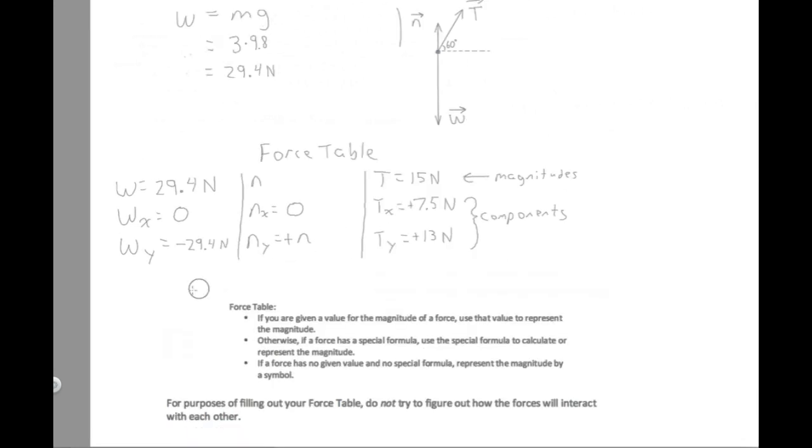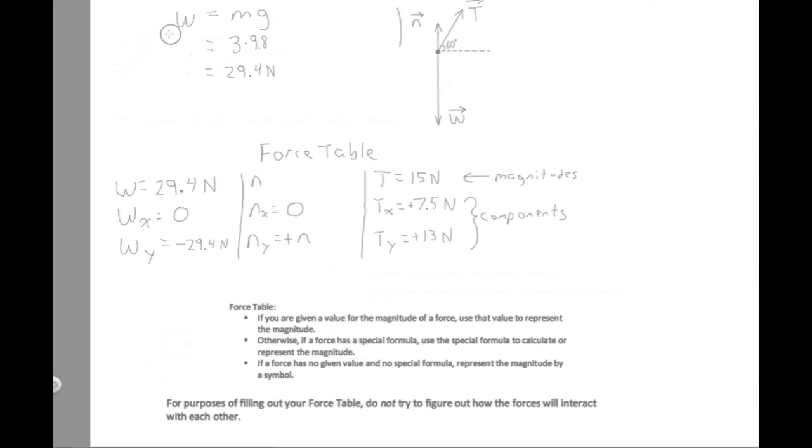So here's a summary of how to fill out the force table. If you're given a value for the magnitude of the force, then you use that value to represent the magnitude. That's what happened with the tension, where we were given the value of 15 newtons in the problem. Otherwise, if the force has a special formula for the magnitude, we use that special formula to calculate the magnitude.